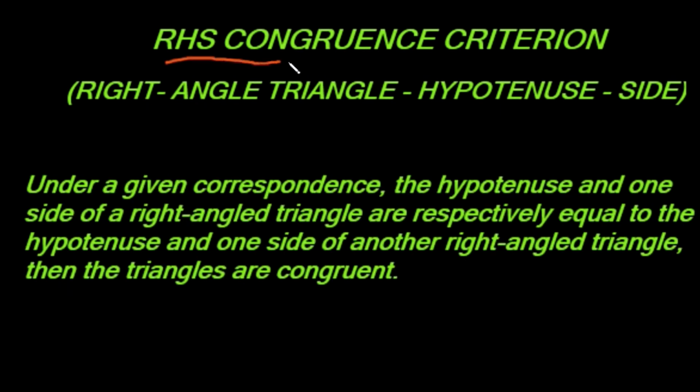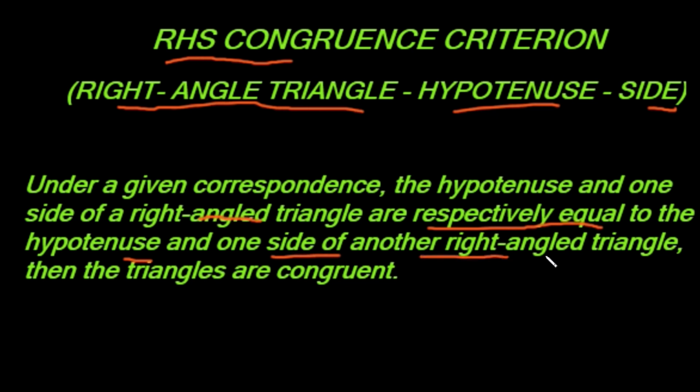The RHS congruence criterion. RHS stands for R is right angle triangle, H hypotenuse and S side. Now, under a given correspondence, the hypotenuse and one side of a right angle triangle are respectively equal to the hypotenuse and one side of another right angle triangle, then the triangles are said to be congruent.